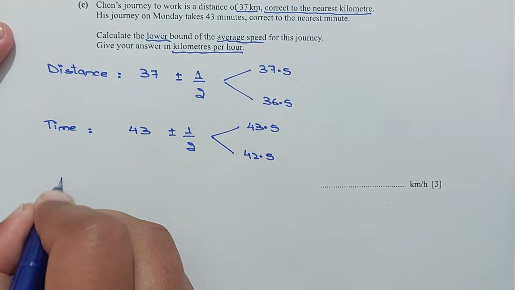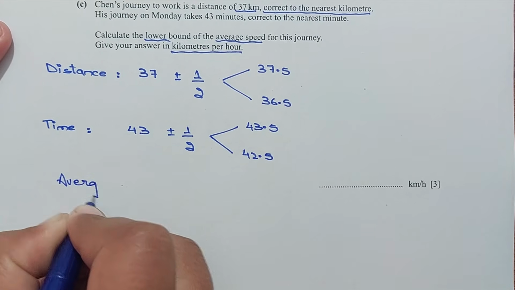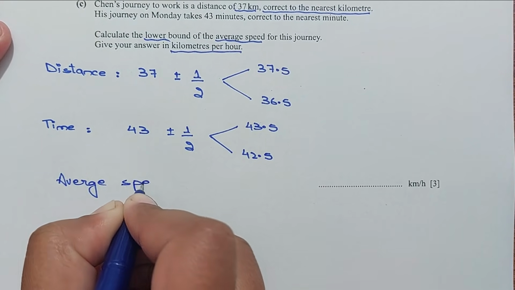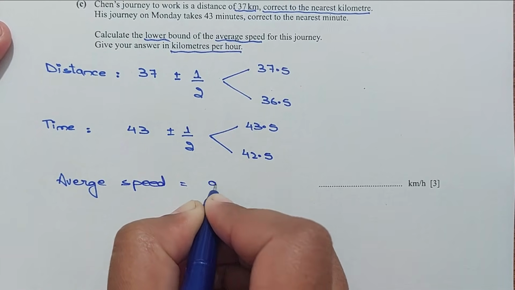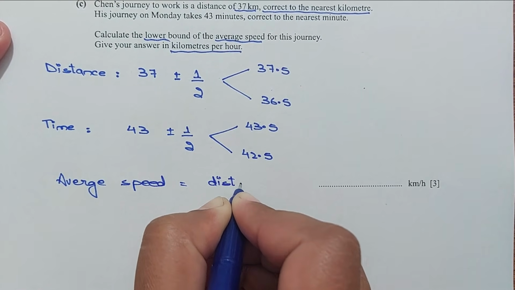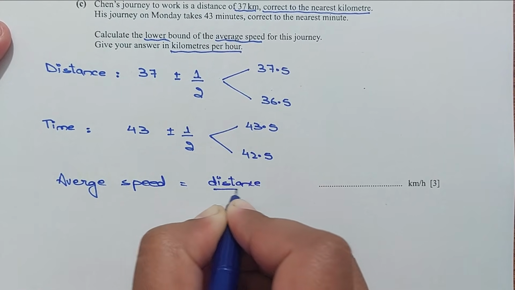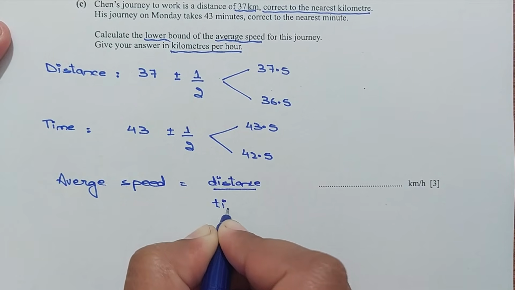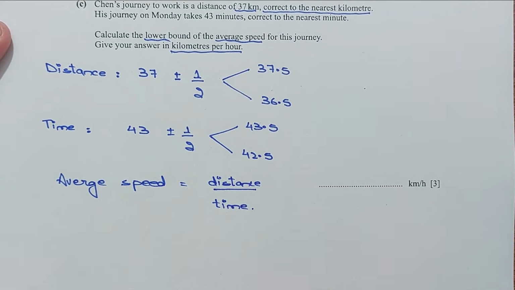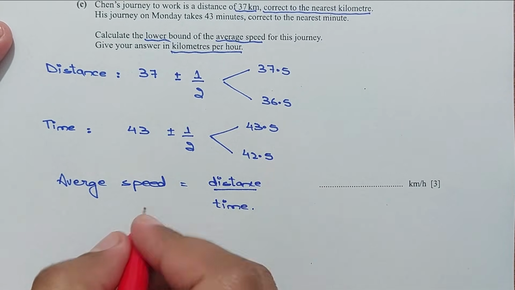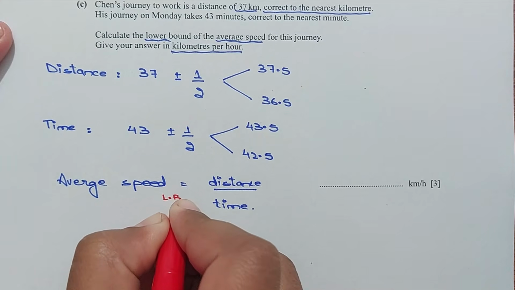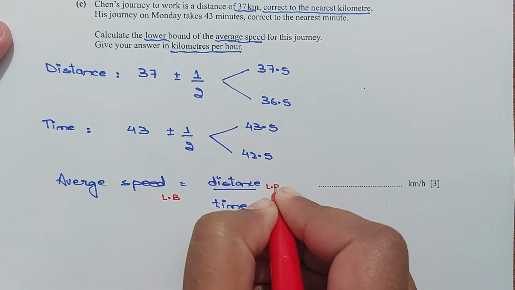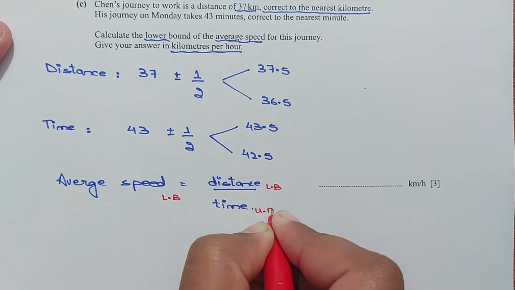So the average speed is total distance traveled divided by the total time taken, right? So we have to find the lower bound. So for the lower bound of a quotient, we have to find the lower bound of the numerator and the upper bound of the denominator.